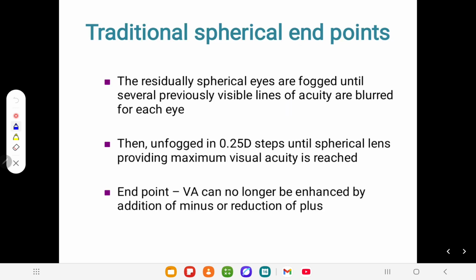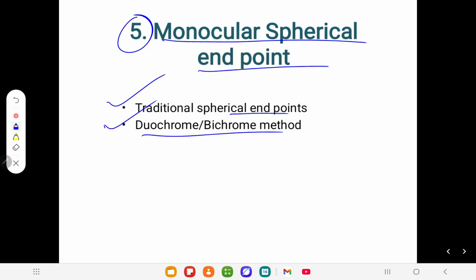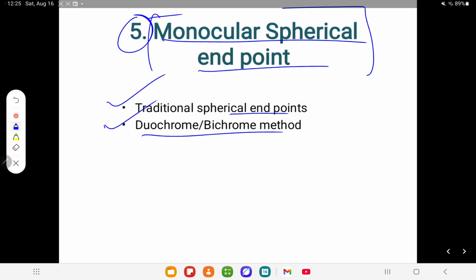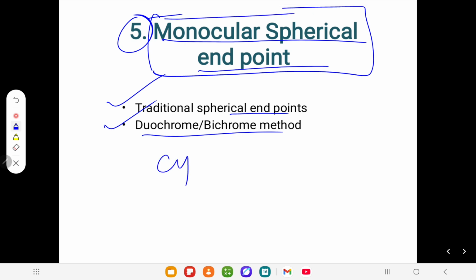So let's discuss the two. In the traditional spherical endpoint method, the residual spherical error is fogged until the previously visible lines and acuity are blurred. Basically, it's fogging and unfogging. Because up to the fourth point we already resolved the cylindrical power, isn't it? Now we have only a point image of any object because we corrected the cylinder.